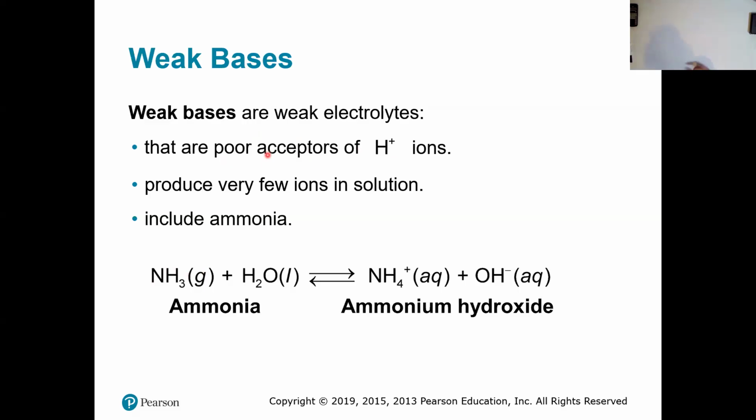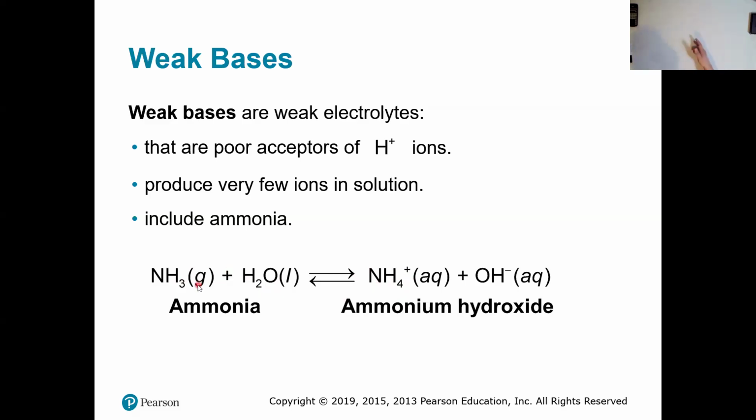So they say that they're poor acceptors of hydrogen ions, and that's because not every ammonia that you put in water is going to accept the hydrogen ion. Only a few of the ammonias that you put in water are going to accept the hydrogen ions and form ammonium ions from it.